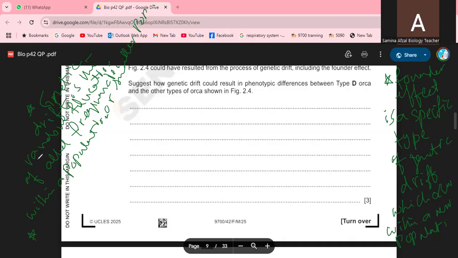So different factors are involved in this: first of all, the small founding populations, then the different evolutionary points which can occur, and this lack of gene flow. Briefly, I would like to write this answer.